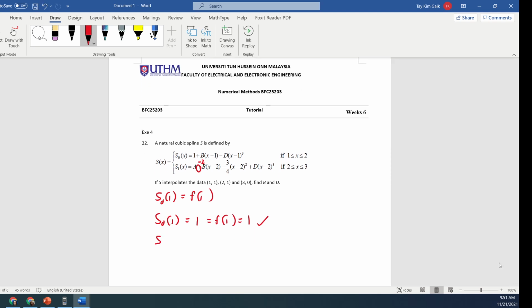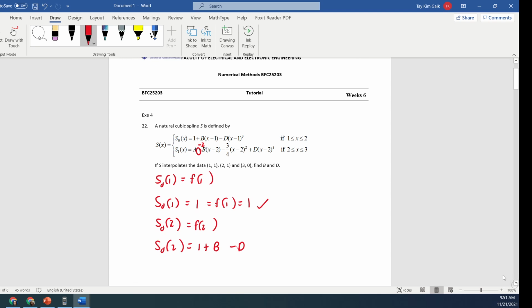When you plug in 2, S0(2) should be equal to F2, which is 1. Plugging in x equal to 2, you have 1 plus b minus d, because 2 minus 1 is 1. The answer should be F2, which is 1, so b equals d. This is the first equation.